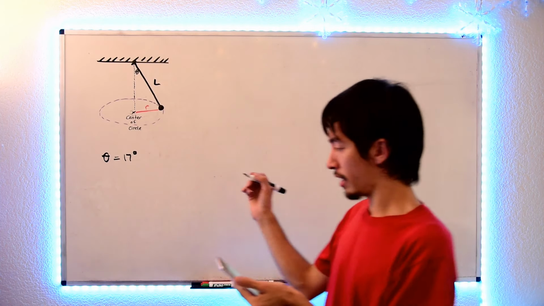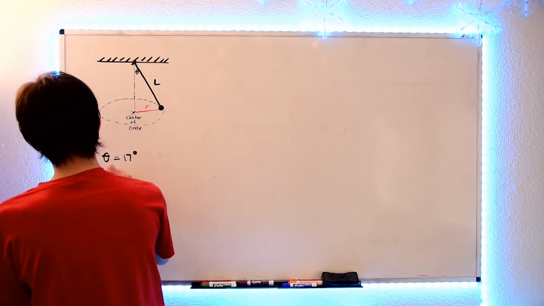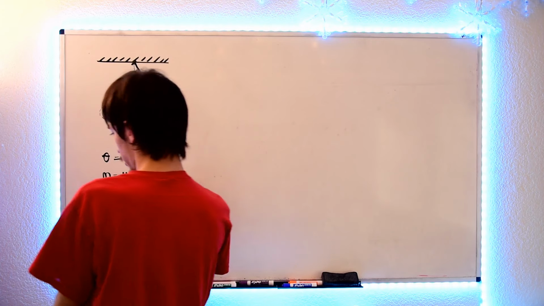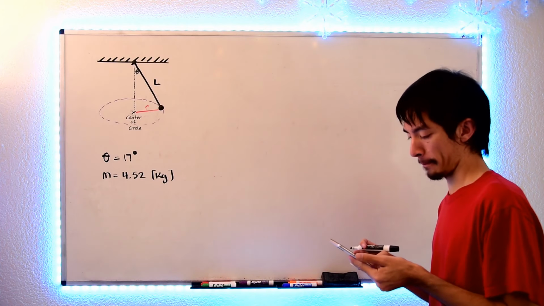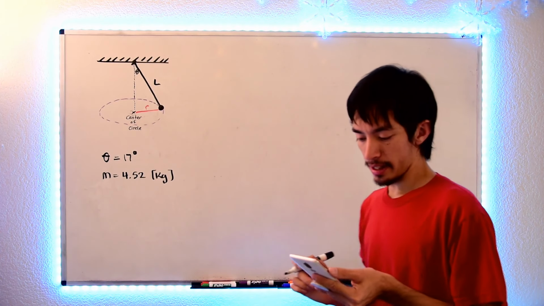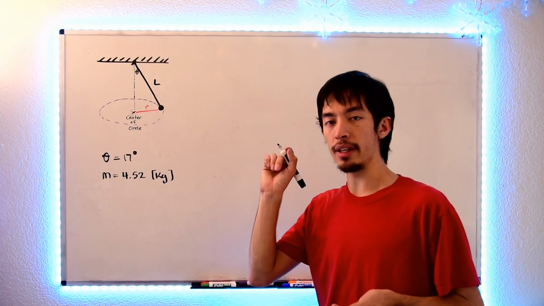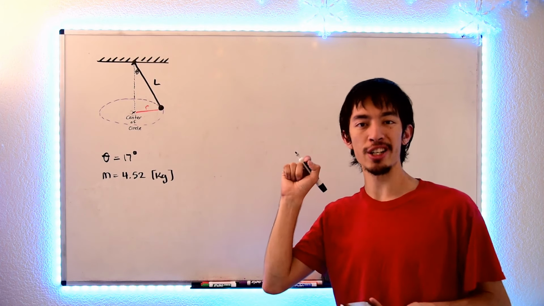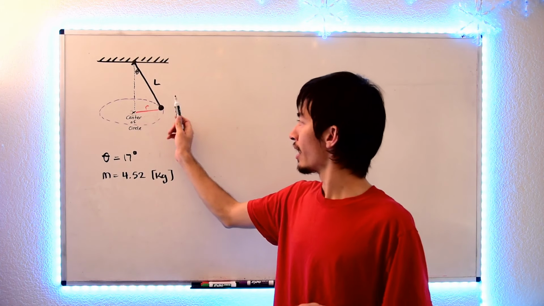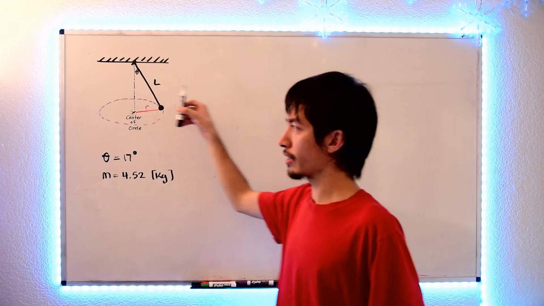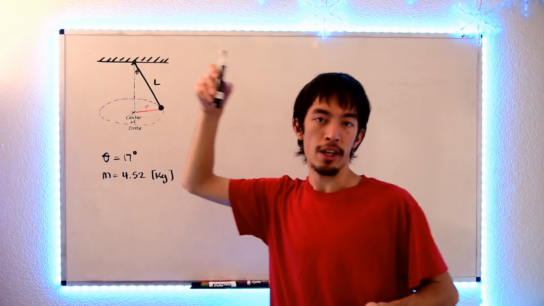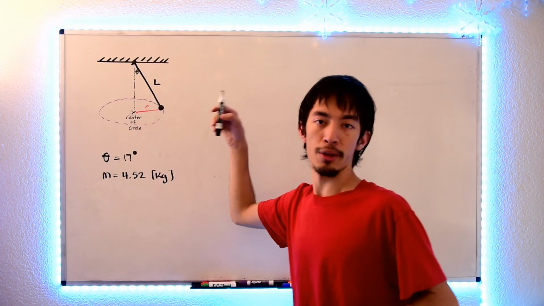The mass is given. The mass at the end of the string is 4.52 kilograms. And it says in here that the mass moves in the horizontal circle with the tangential speed of 1.25 meters per second. So what it's going to do is continue to move around like this in the circle, and the rate at which it does it, the speed, is 1.25 meters per second.